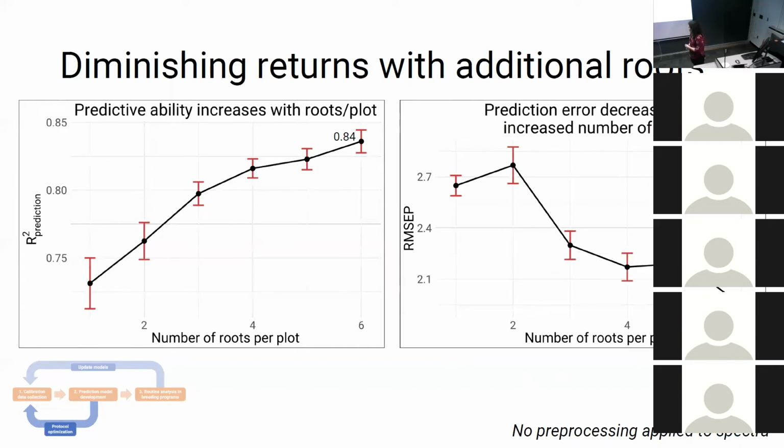There are clear advantages to adding more roots, but there seem to be diminishing returns after about 3 roots per plot. And this, again, will be used to inform the future calibration data collection and the SOPs that we develop for breeding programs to use in their routine phenotyping of dry matter content.